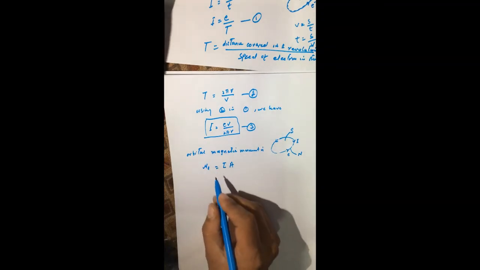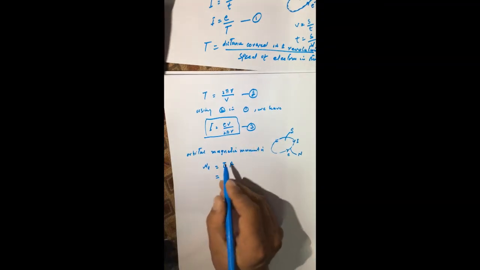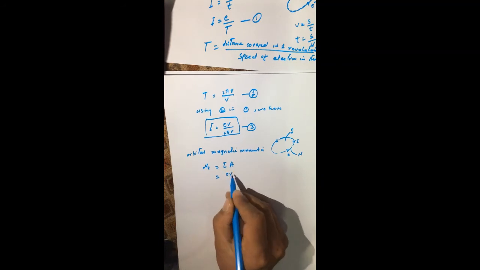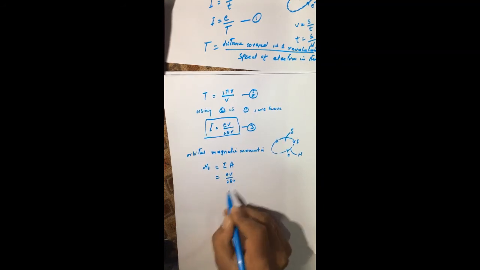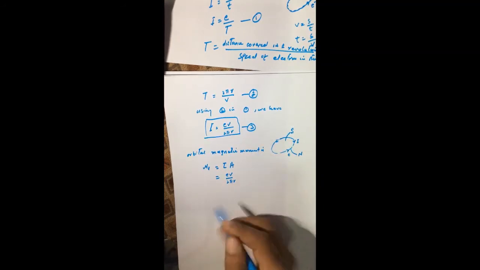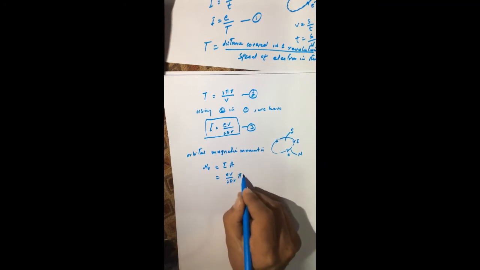Now current formula is given here in equation 3. So using equation 3 we have e v over 2 pi r into area. Area of the circular loop is equal to pi r square.